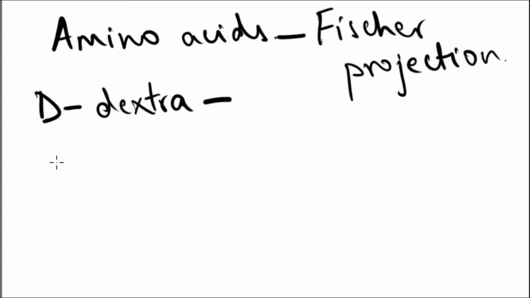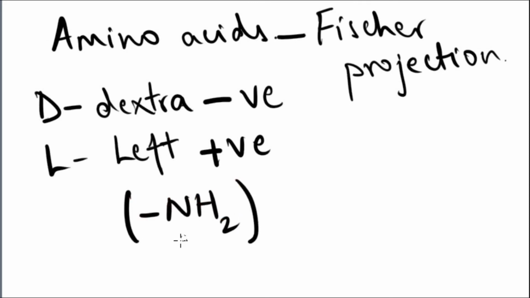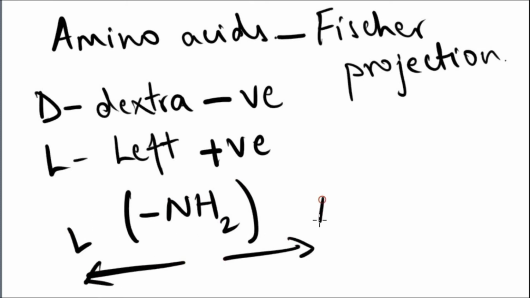Then we have L, which, to make it easy, you can say stands for left, but it is actually for levo, and it is positive. The Fischer projection of the amino acid depends on the amine group. If the amine group is on the right, it is going to be dextra. If it's on the left, it is going to be L.